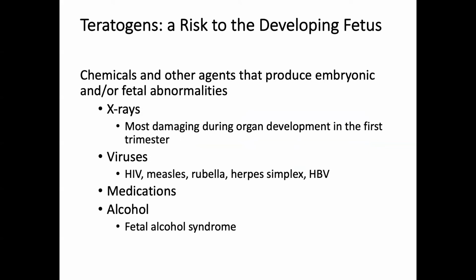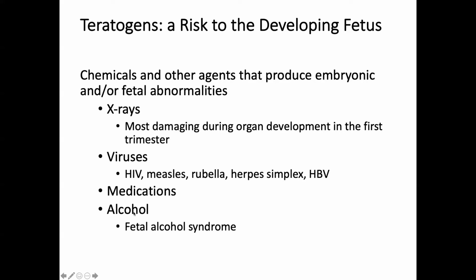Now let's see if environmental agents can harm embryonic development. Okay, teratogens are substances that may cause birth defects via a toxic effect on an embryo or fetus. The most common teratogens are listed in this slide, including X-rays, certain viruses, certain medications, and alcohol.